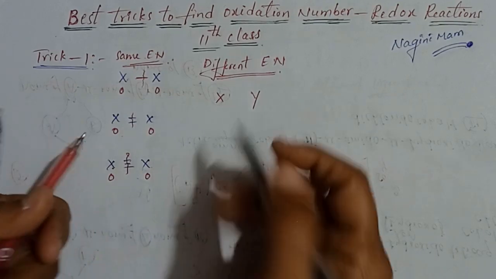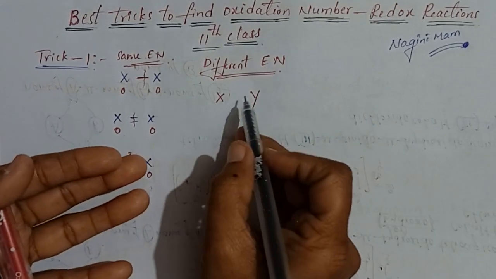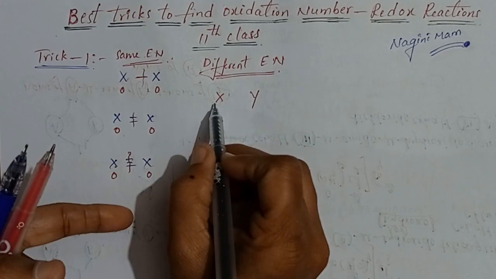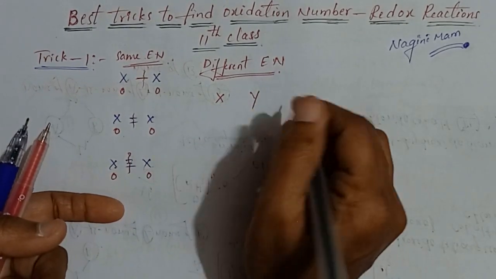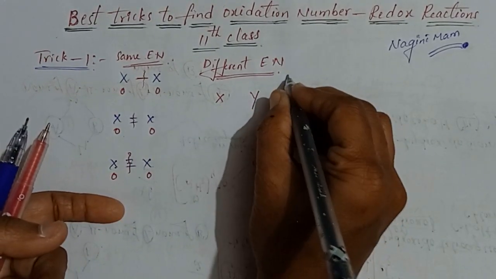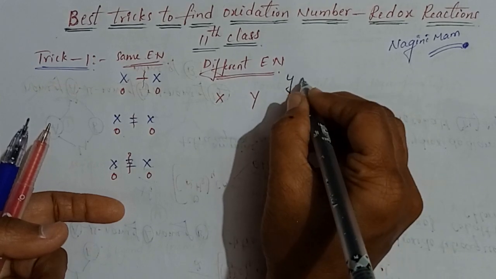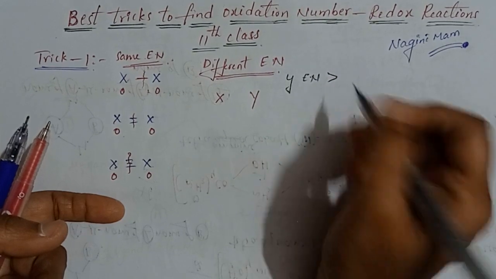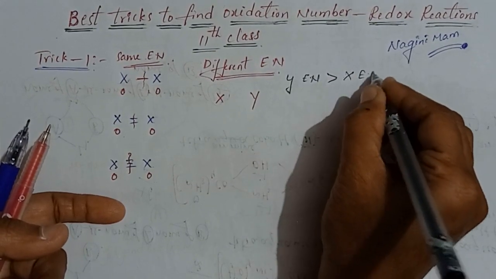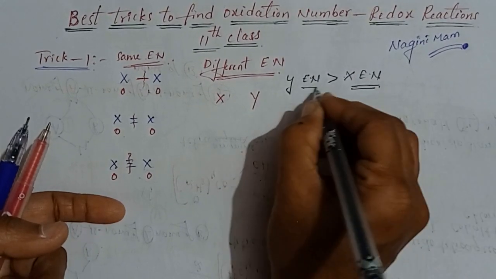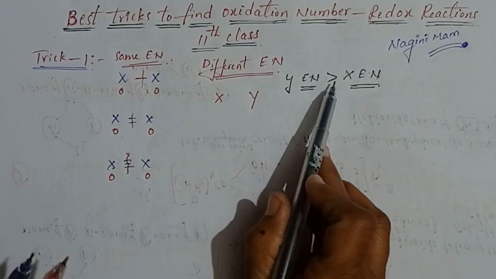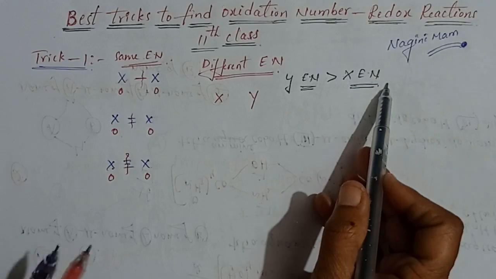For example, Y has more electronegativity than X. Y's electronegativity value is greater than X's electronegativity. So the Y element electronegativity is greater than the X element electronegativity.